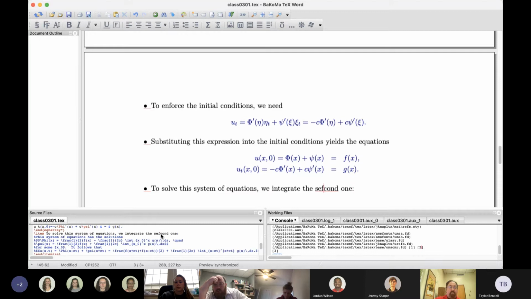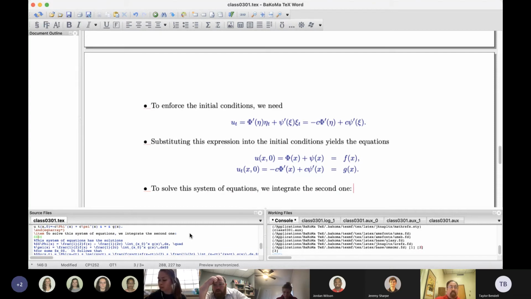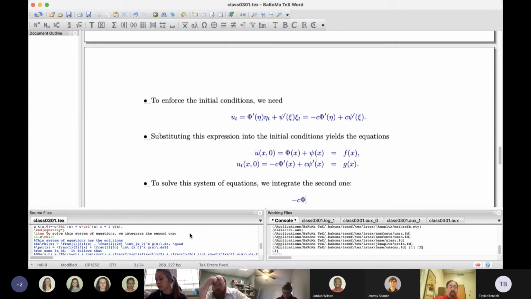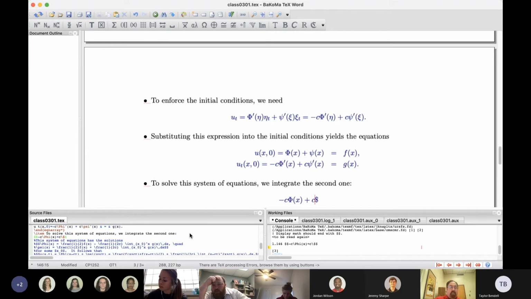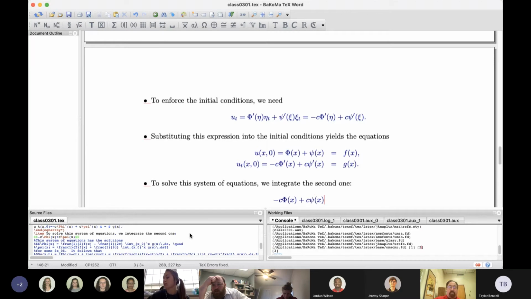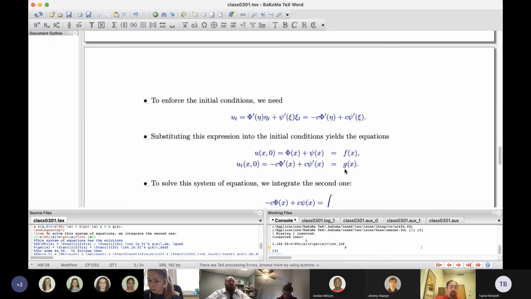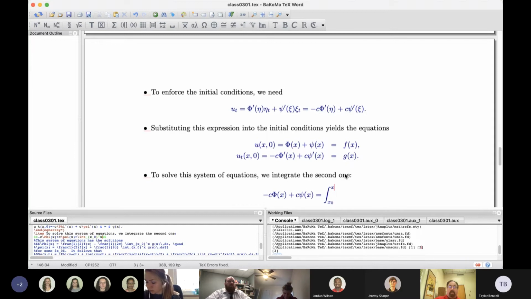Before actually trying to solve this, I'm going to integrate the second equation with respect to x. So I'm going to have minus c phi plus c psi, and that is equal to the integral of this. I'm performing indefinite integration, so I'm going to have the integral with x as the upper limit.